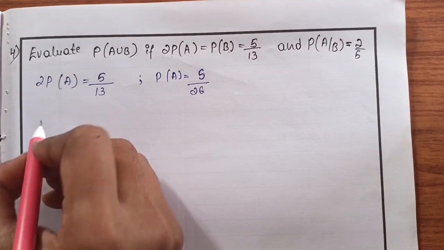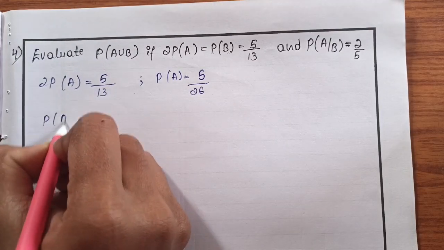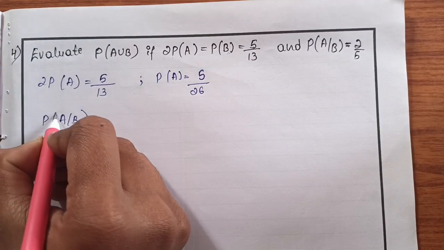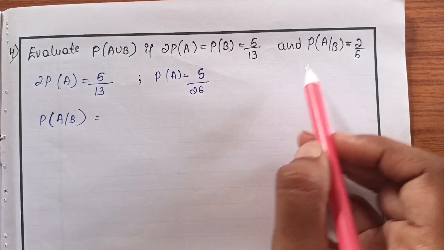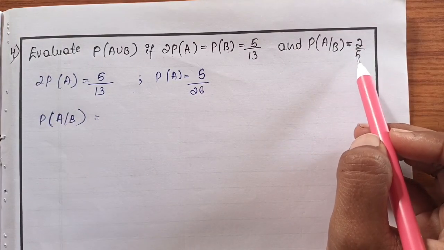So first we find out the probability of A divided by B. In this, probability of A by B is given.